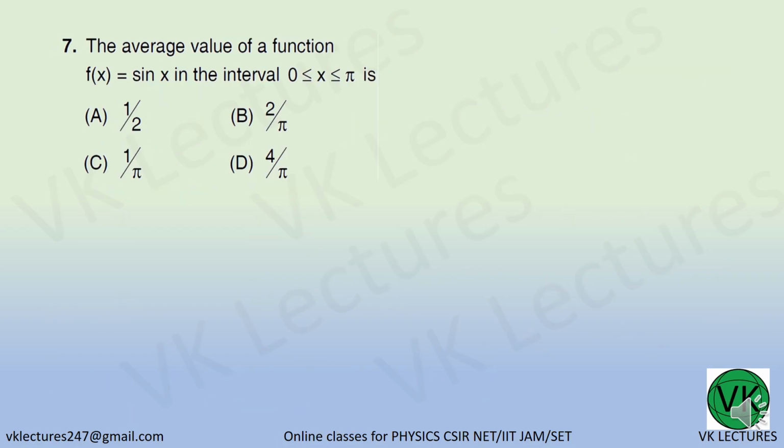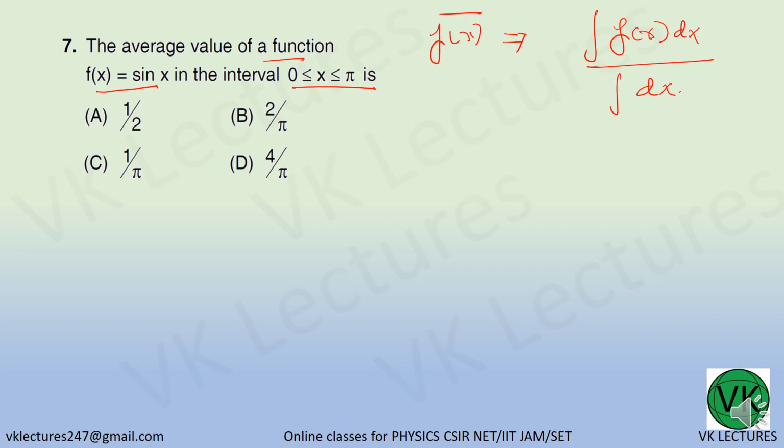Average value of a function f of x equal to sin x in the interval 0 less than or equal to x less than or equal to pi. Now the average value of any function f of x, let me write it as f bar, is equal to integral f of x dx divided by integral dx.